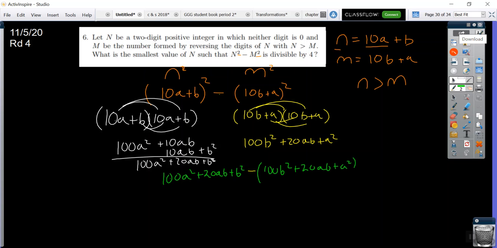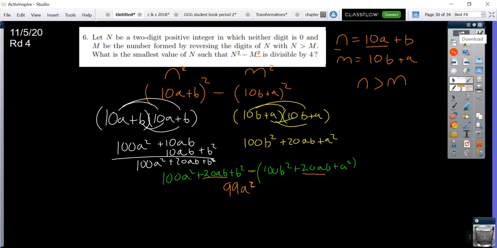Now we have to combine the similar terms, and we can only combine things that have identical variables and exponents. So a squareds are the same as a squareds. What is 100a squared minus a squared? Well, that's 99a squared. What is 20ab minus 20ab? Well, it's just 0.